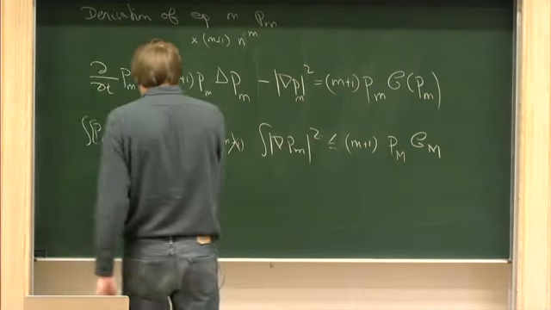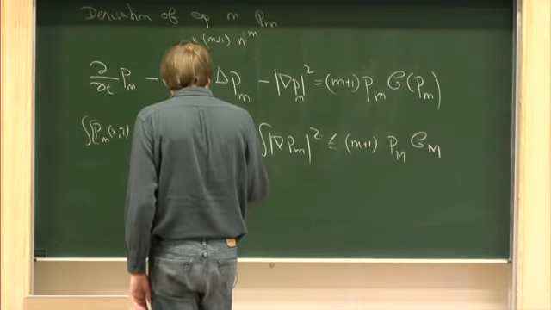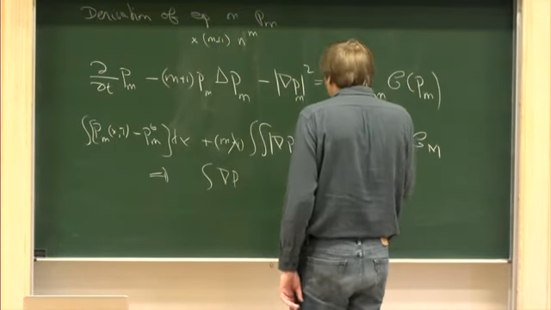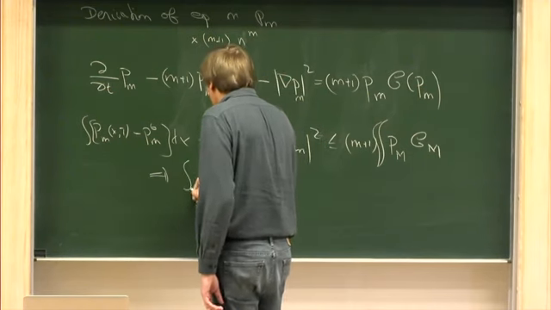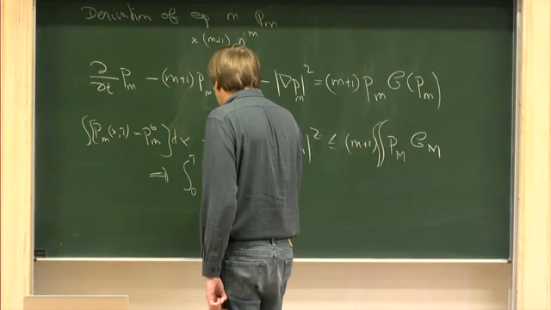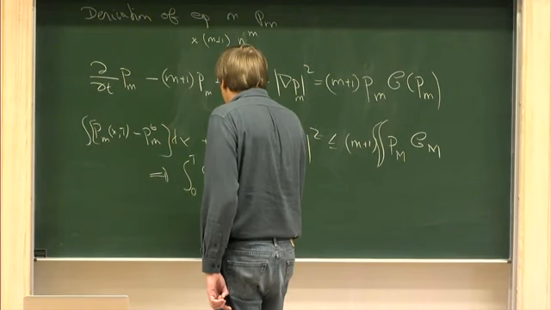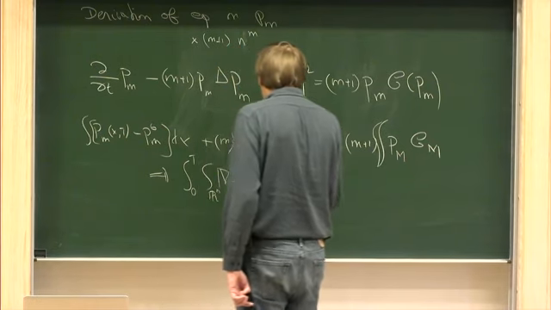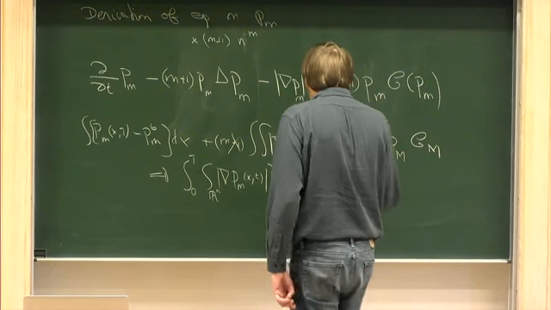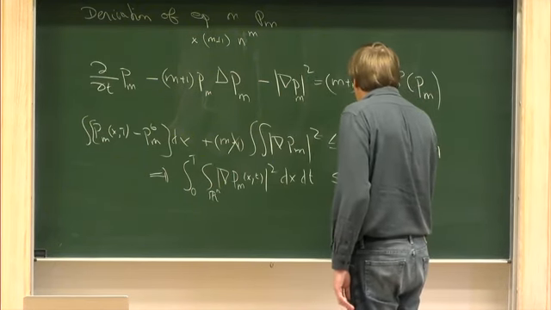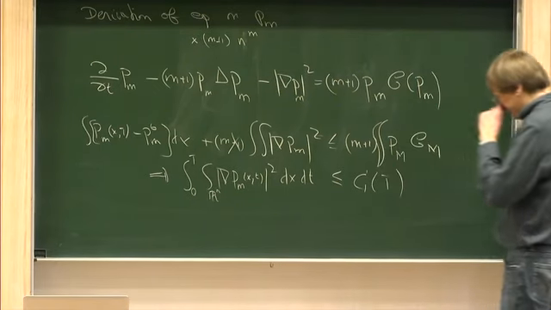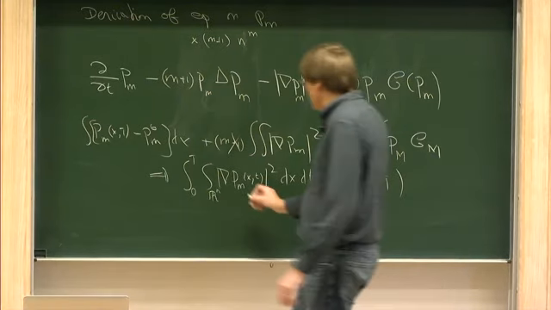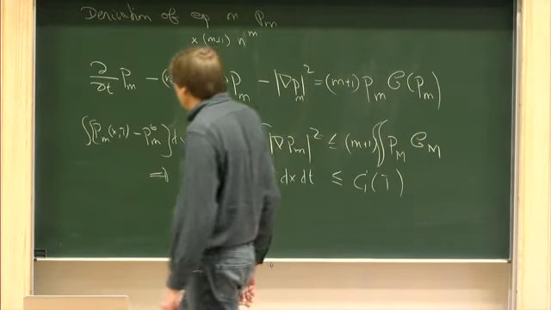So what you conclude from that is that the integral of the gradient of the pressure, so this is a double integral, by the way, in time and space, is controlled by something which depends on time and from the initial data. So this gives you the first conclusion of that.